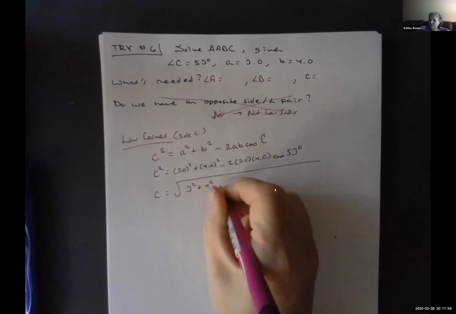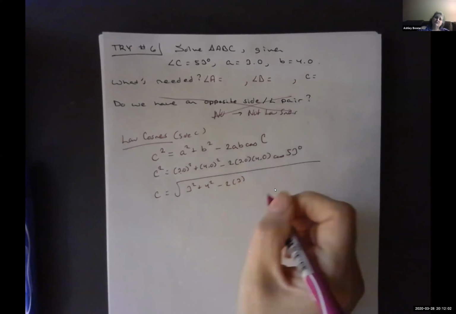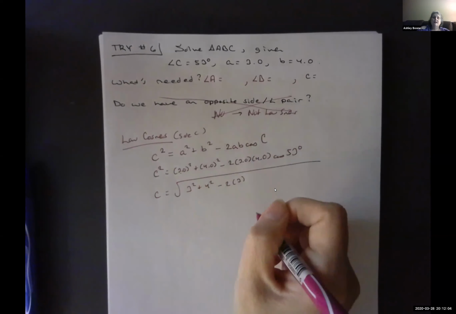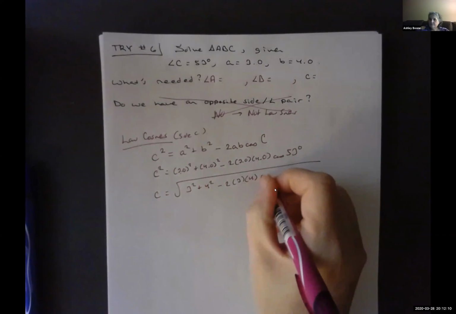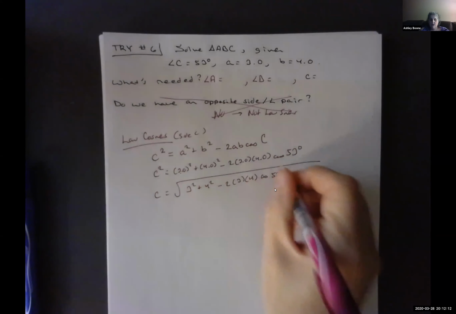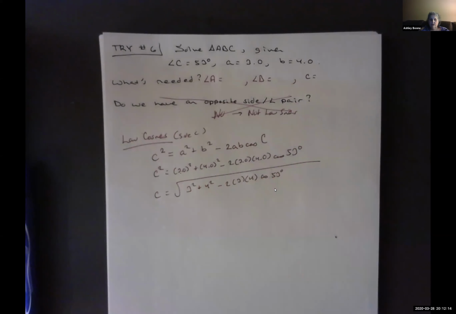Now, you might say, why are they giving us 3.0 and 4.0? It's so that you know around where they want to round the answer. Okay. So we're going to have the square root of that big old mess. So I have 3 squared plus 4 squared minus 2 times 3 times 4 times the cosine of 53 degrees.